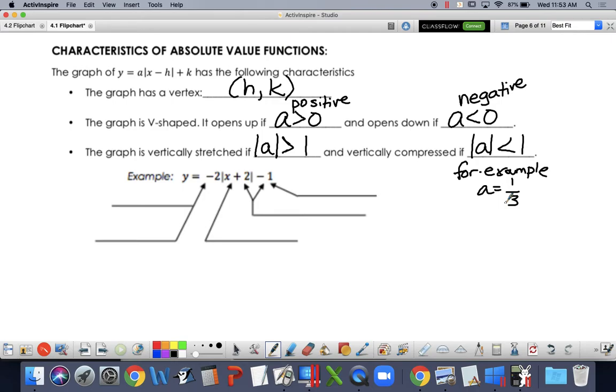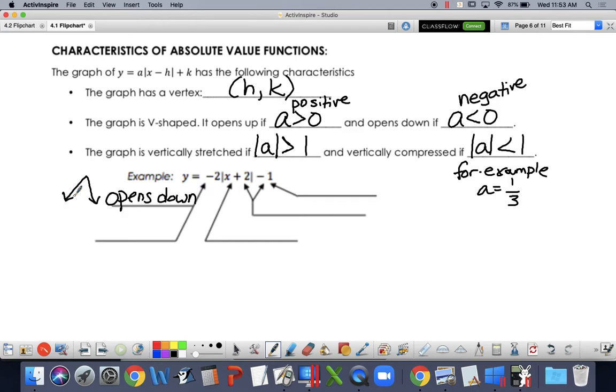So let's look at an example absolute value function. And we've got a negative sign out front. So does that mean it opens up or opens down? Down. Opens down. So instead of saying reflect, we're just going to say we have an upside down V. It's going to look like that.